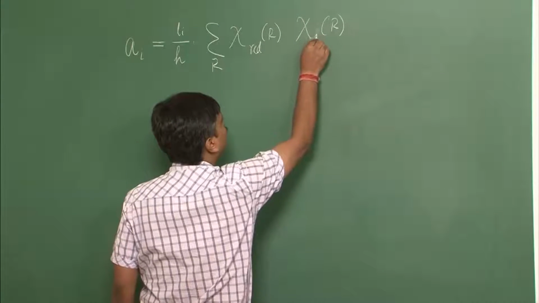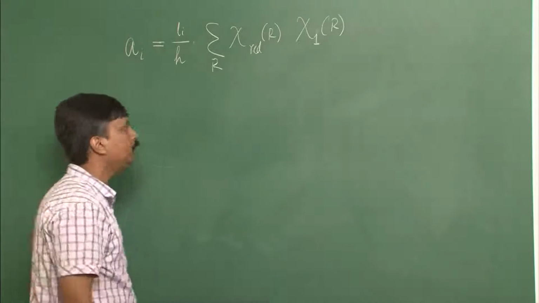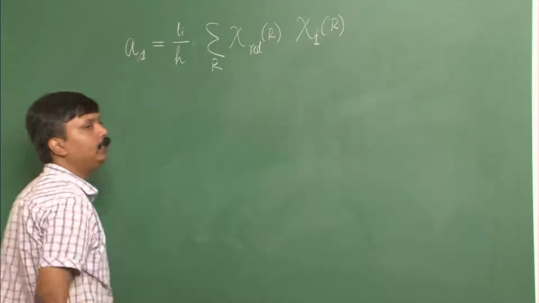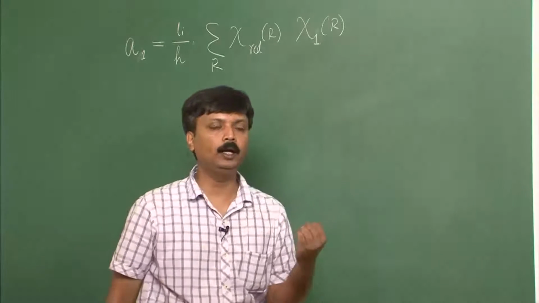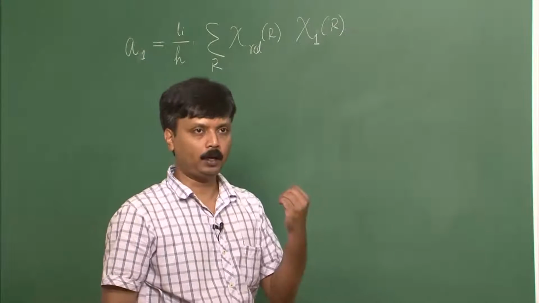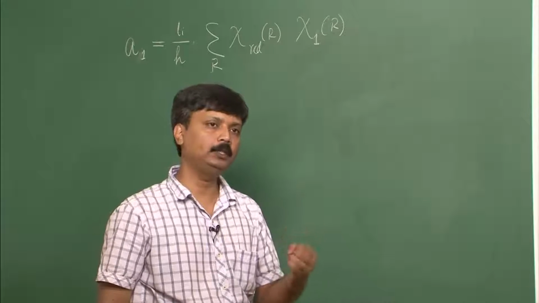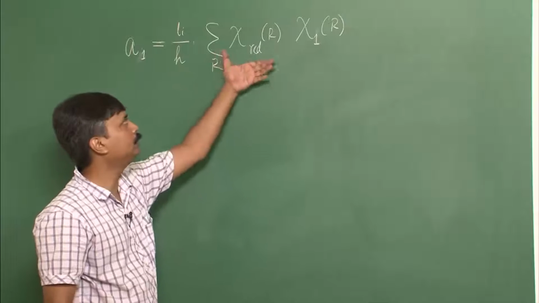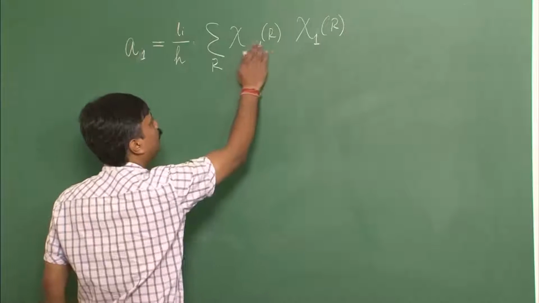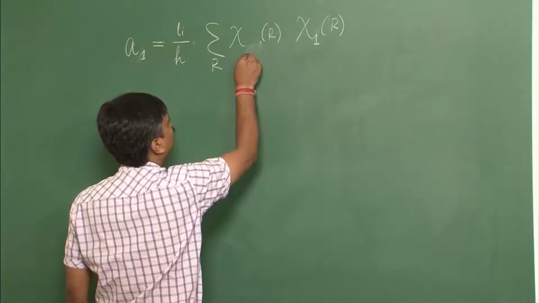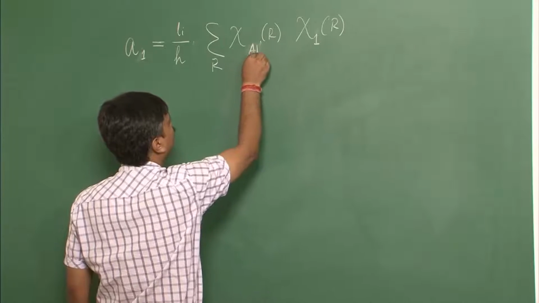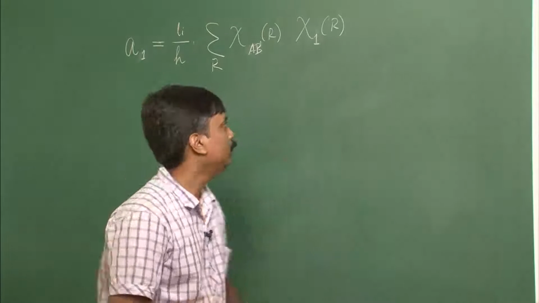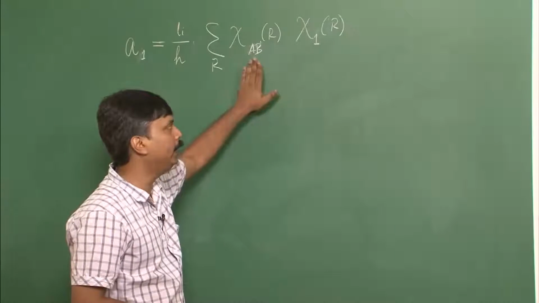So if I replace this i by chi 1, and here I write A1, meaning that I want to find out the number of times the totally symmetric IR will occur in this representation, which in our case say AB, right, that is the direct product representation that we get.